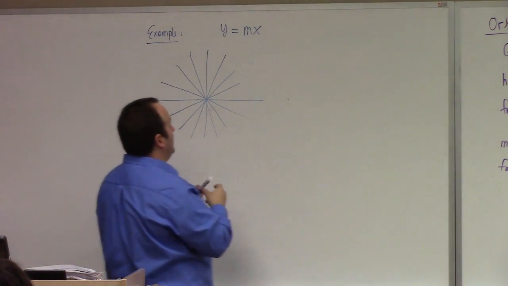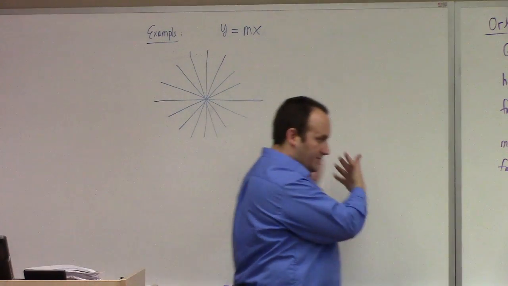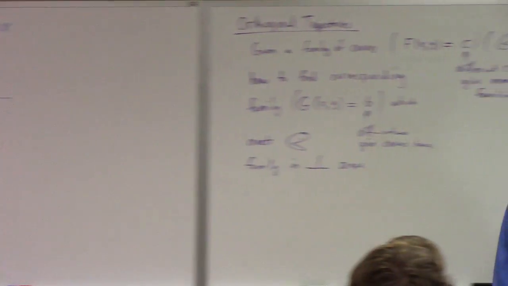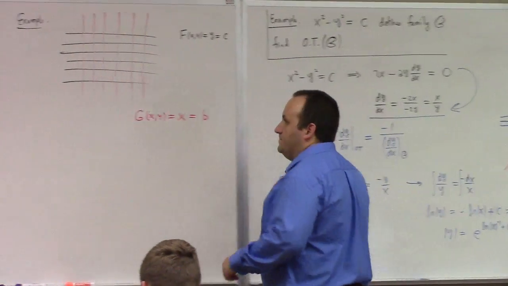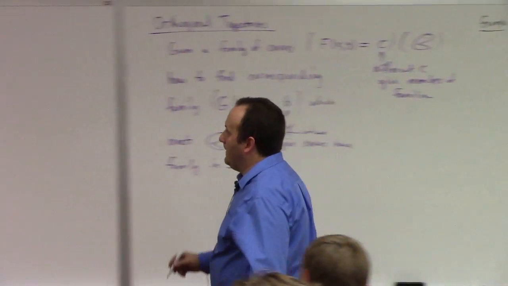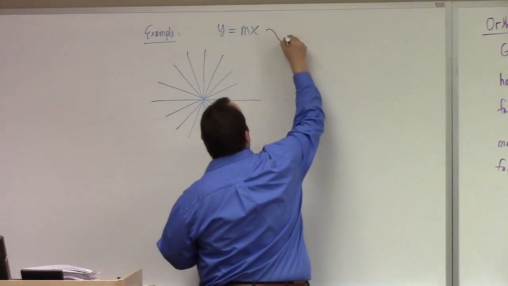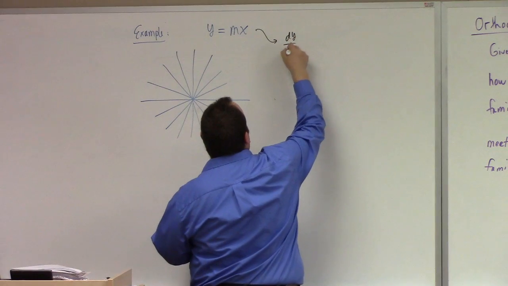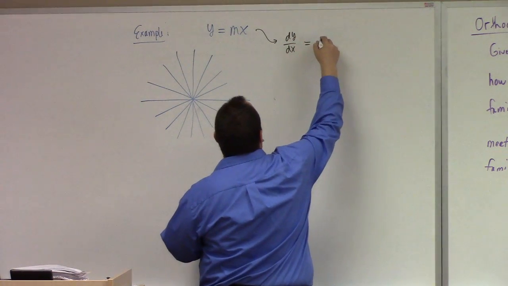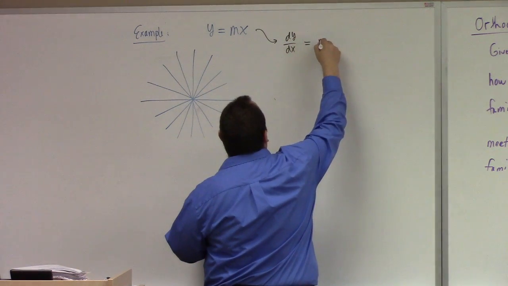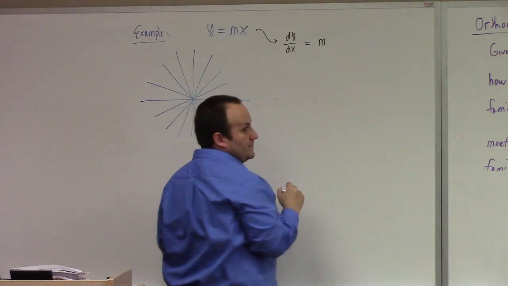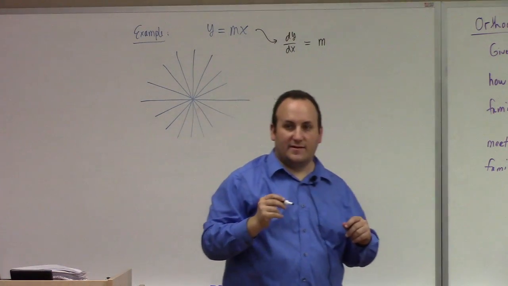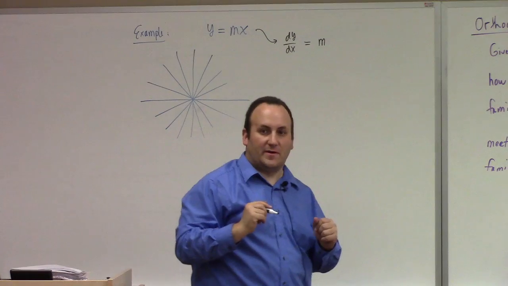So if we want to find the differential equation for this family, differentiate that, right? What does it give us? Now here's the thing. You can't leave that m there.